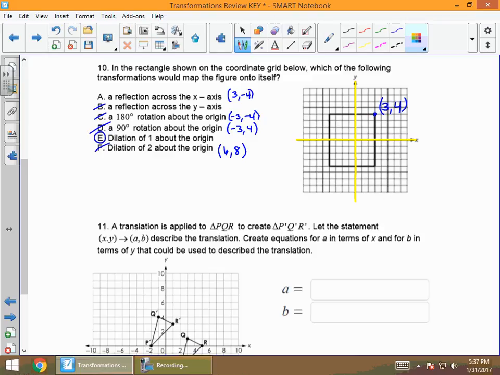So it would flip it down 1, 2, 3, 4, and it does hit that corner. A does work. So if you had A and you just listened to that whole thing, that was because I tried flipping it across the line y equals x, not across the x-axis. So I apologize. Question number 10, A and E should both be your answers there.